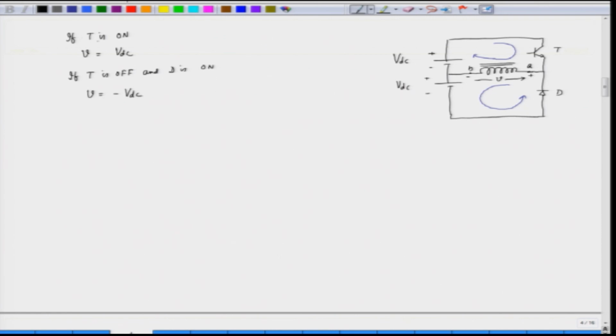So, when the transistor is on, V is equal to VDC and I, the current through the winding, increases, and if T is off and the diode is on, V equals minus VDC and I decreases. So, this is how it happens, and we can write down an equation for this.